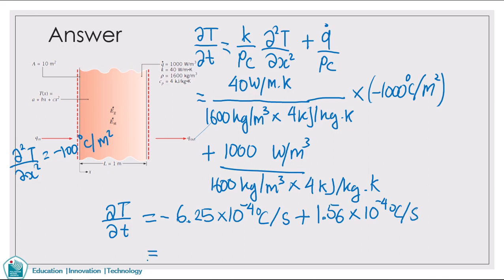And finally, the change of the temperature rate is minus 4.69 multiplied by 10 to the power of 4 degrees C per second.